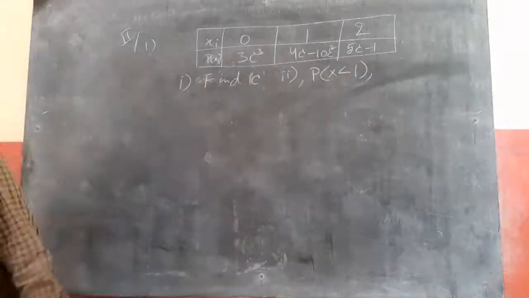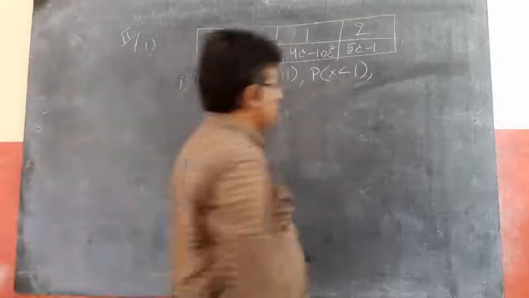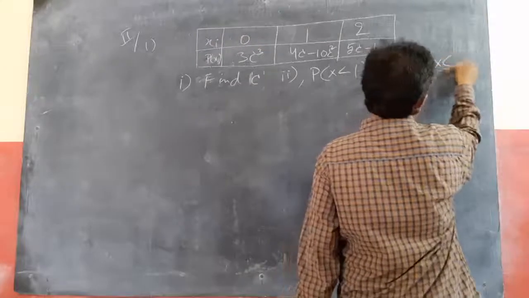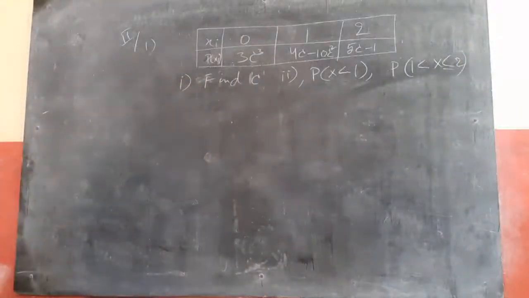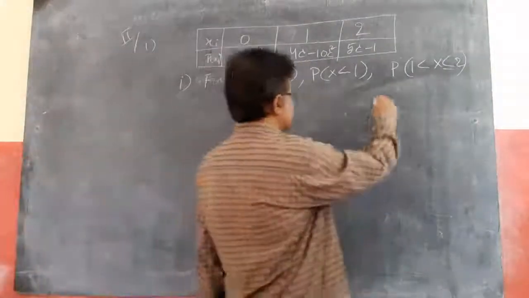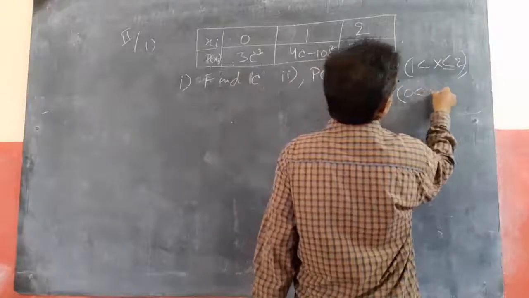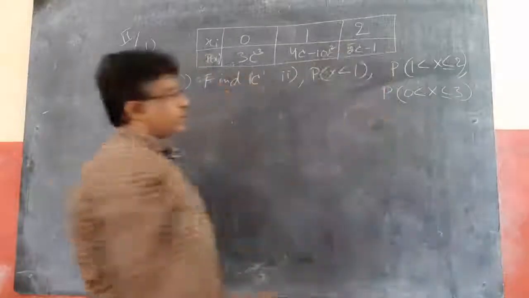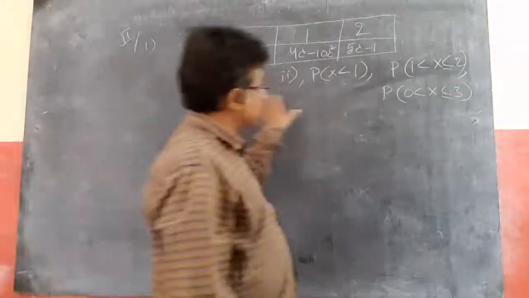Next, third bit, P of x lie between 1 and 2 but equal to 2. And P of x lie between 0 and 3 but equal to 3. There is no equal to for 0, for equal to 3 he gives. Okay. These are the things he is asking to find.